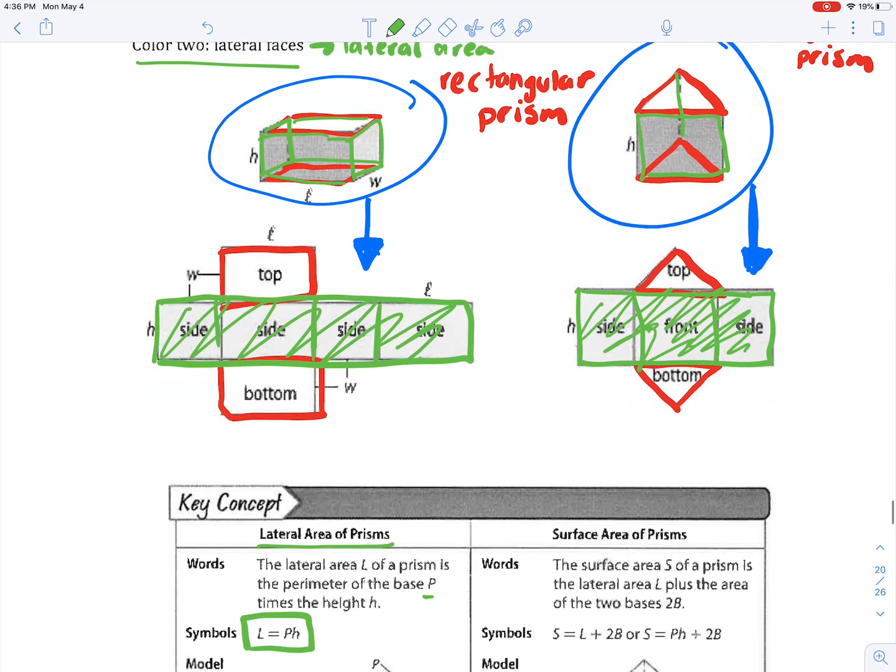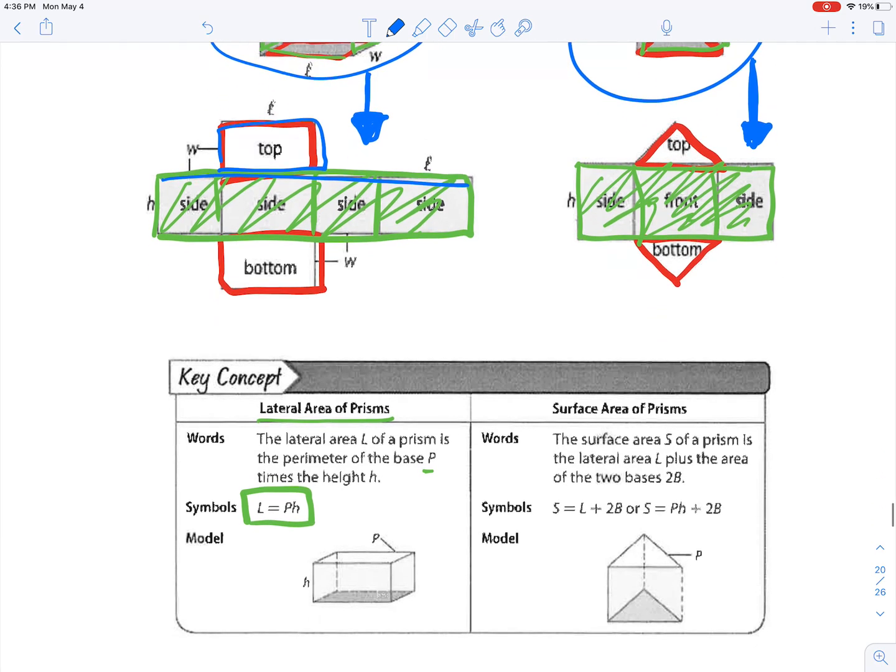If we look up here at the net, we see that this is literally unwrapped. These edges in green will wrap around the bases. The space around the base would be the perimeter. That's where this P comes from. The height is going to be what connects those two bases. That's where the h comes from.